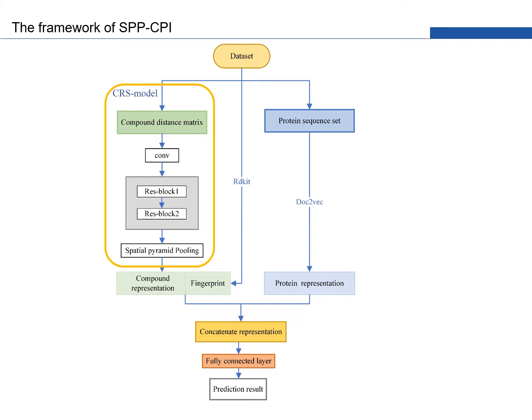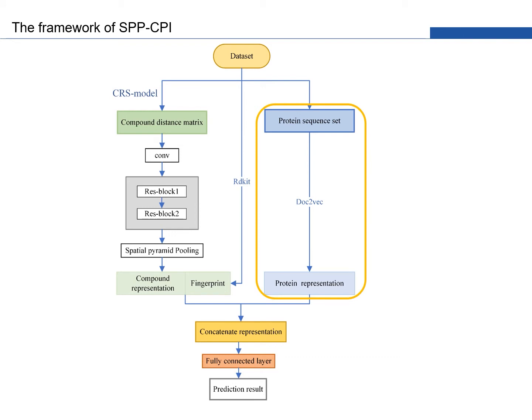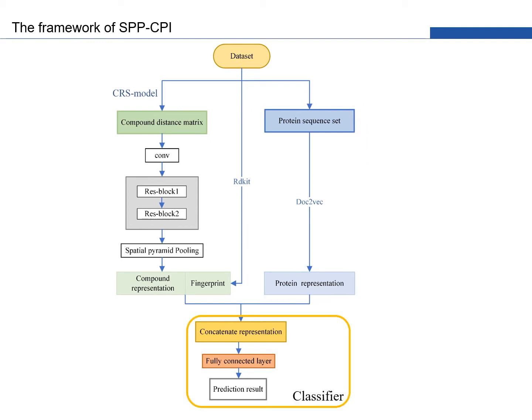The CRS model was used to extract features from the compound distance matrix, and the Dot-Vector model was used to extract protein sequential features. Finally, the extracted compound representation, fingerprint, and protein representation are connected together to the classifier. The outcome of our model is a binary outcome.